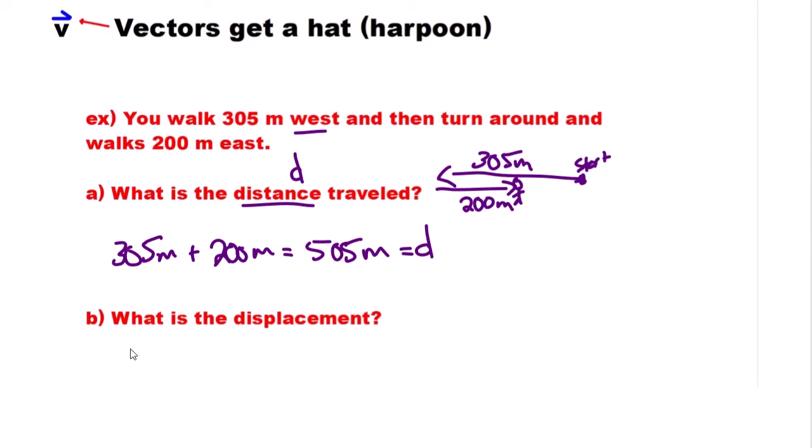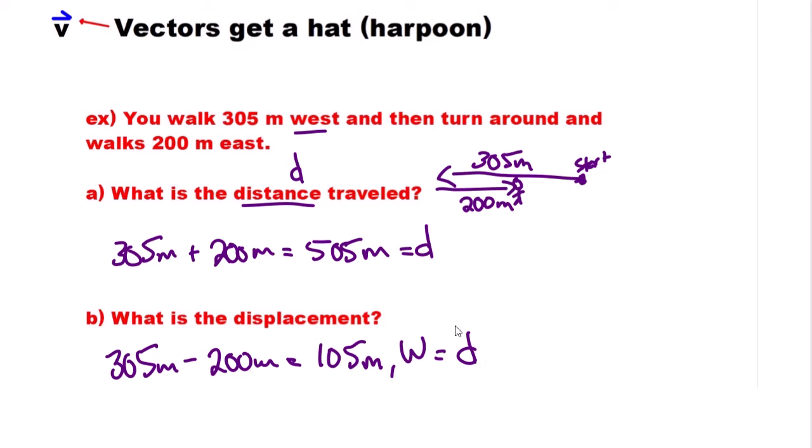Because these are in opposite directions, we can subtract them. 305 meters minus 200 meters gives us 105 meters to the west is where we actually ended up. And that's my displacement, which we can show with a vector arrow over the D.